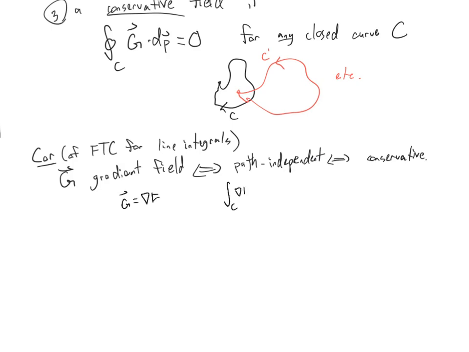So the integral of the gradient of f dp only depends on f at the different endpoints. It's f of p of b minus f of p of a, and it has nothing to do with what C is. So even if I switch C but keep the same endpoints, I'm going to get the same answer. And conservative is about closed curves, where p of a and p of b coincide, and so the fundamental theorem of calculus tells me that I always get 0.